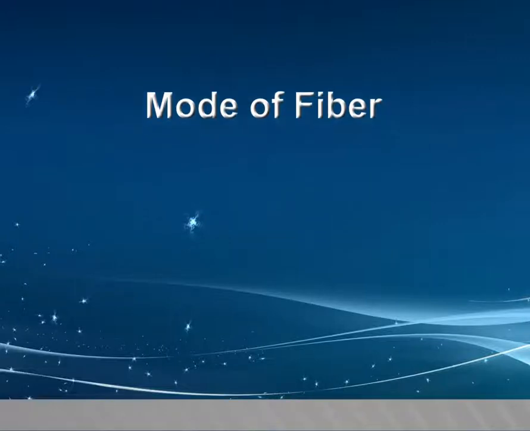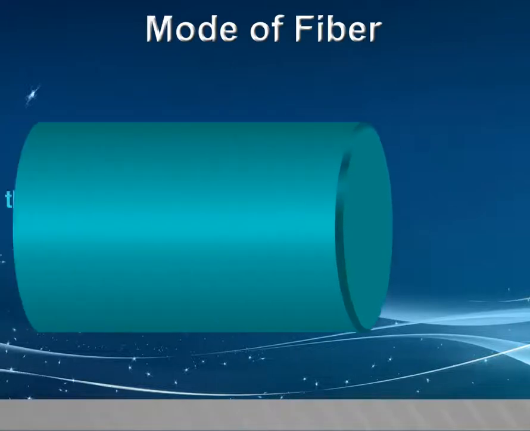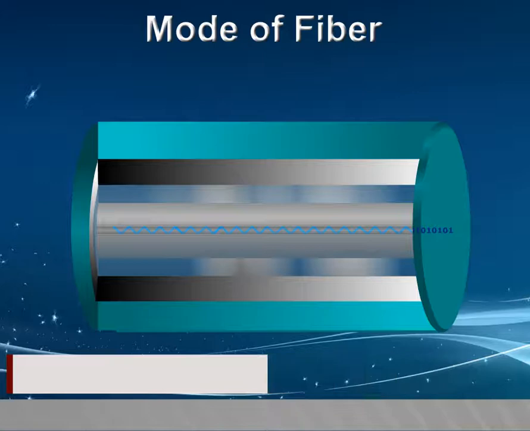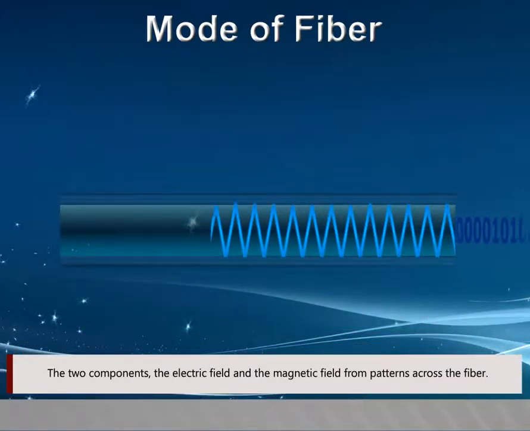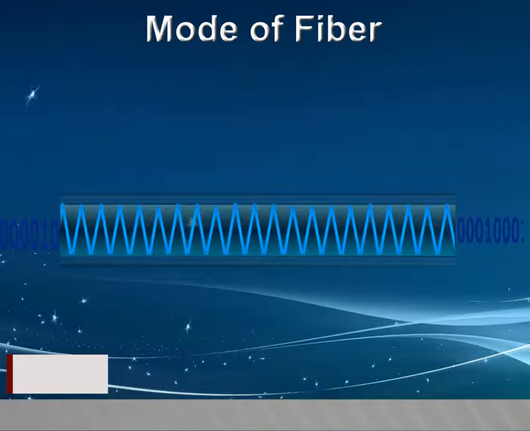Mode of fiber. Fiber cables can also be classified as per their mode. Light rays propagate as an electromagnetic wave along the fiber. The two components, the electric field and the magnetic field, form patterns across a fiber.